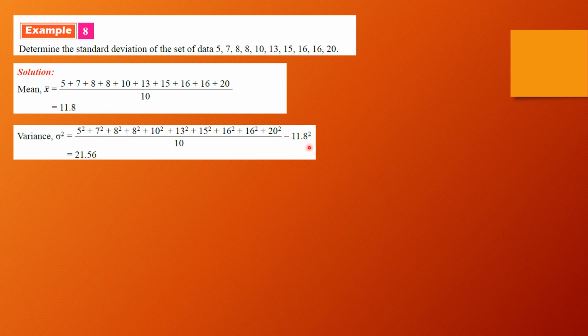That is 11.8 square. So you get the answer for variance is 21.56. Then for standard deviation, you square root of variance, that is square root of 21.56. That is 4.643.